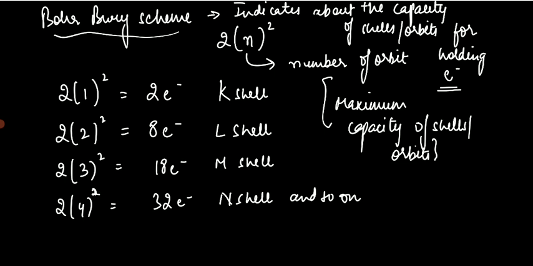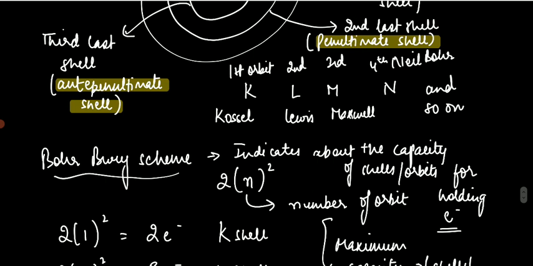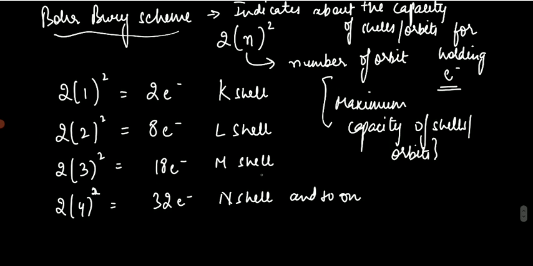Now, this only indicates the maximum capacity of shells for holding electrons. It doesn't indicate the stability of any atom and how electrons are going to be distributed. Sometimes they don't follow this properly, like in the M shell, sometimes we get 8 electrons. So why is that?